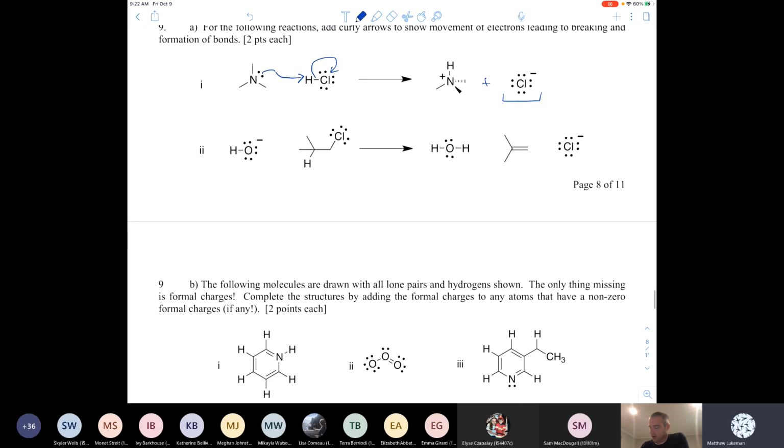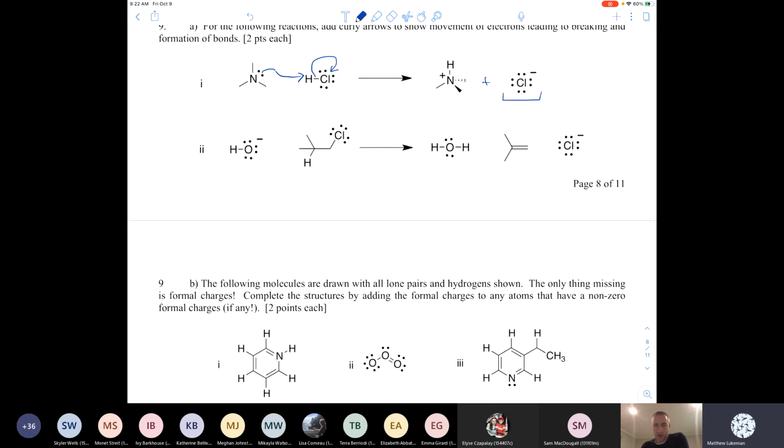The next structure, this one's a little more complex. This is a reaction we'll look at later on, chapter 5-ish, 6 maybe. The OH minus goes from 3 lone pairs to 2 lone pairs, and it's made a bond to hydrogen. So that must have happened to make the water we see there.